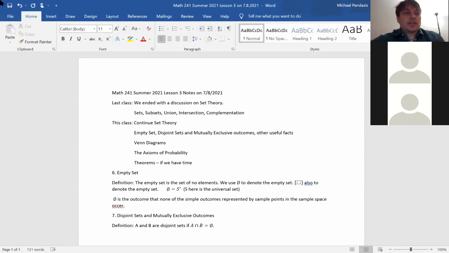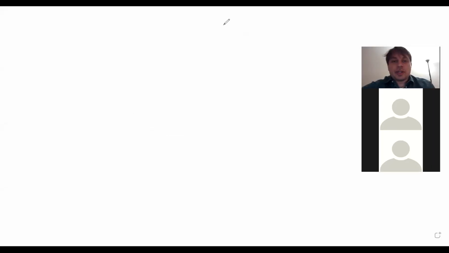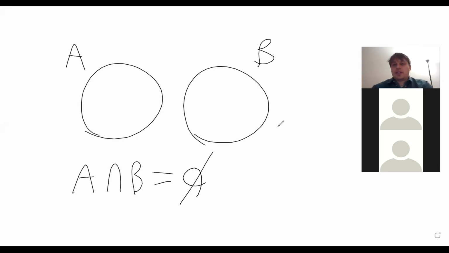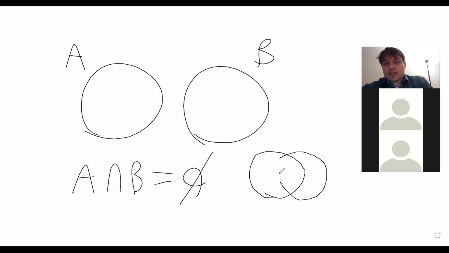If two sets do not intersect, if their intersection is the empty set, they're called disjoint sets. The way to illustrate that would be if you have this set A and this set B, and they don't intersect, their intersection is equal to the empty set, so they're disjoint sets. In a Venn diagram, the circles could overlap maybe, but there'd be no elements in the intersection.